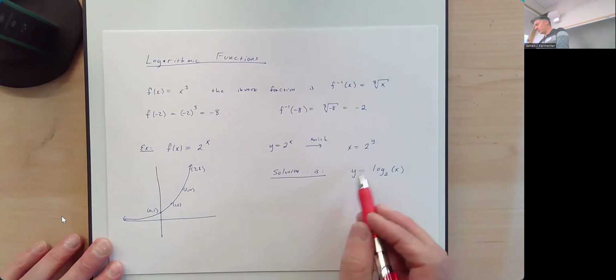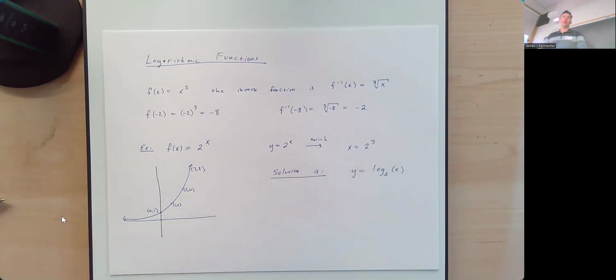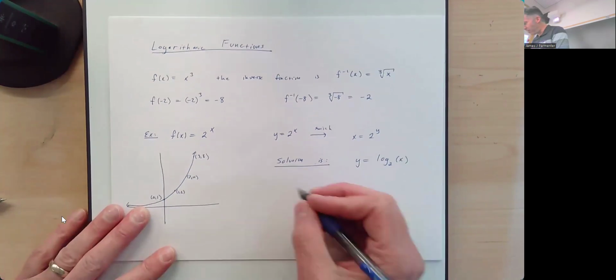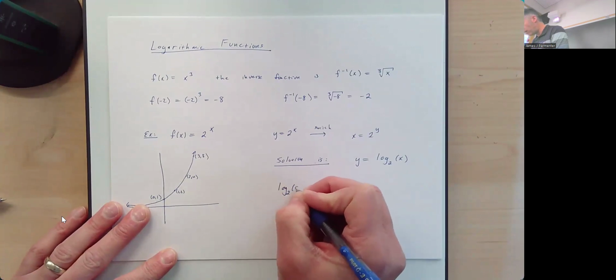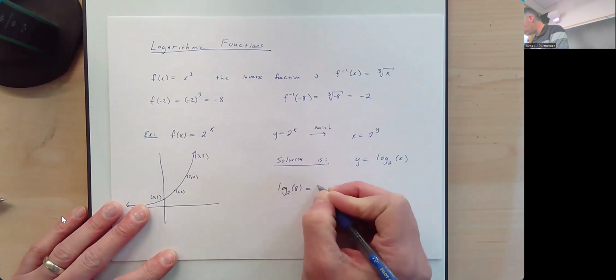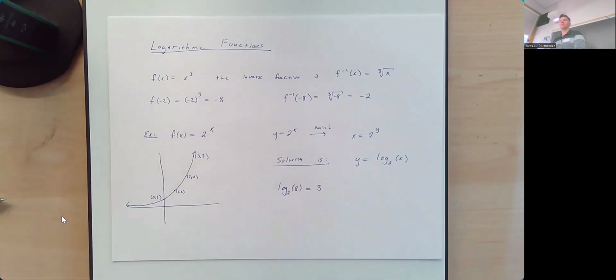So when I look at something like this, and actually I'm going to write down my favorite equation. I got lots of favorite equations, as you know, math people should have lots of favorite equations. One of my favorite equations is log base 2 of 8 is equal to 3. And when I look at that, what I'm really reading in my mind is 2 raised to what power is equal to 3?